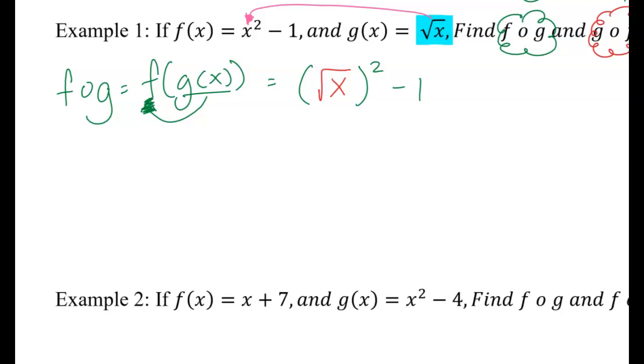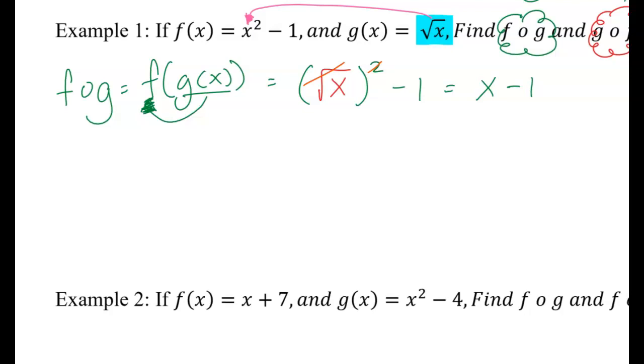The square and the square root are opposite operations. They cancel each other out, leaving us with just x there. So the composition f of g simplifies down to just x minus 1. That is the composition. You take all that g of x is and input it into f of x.